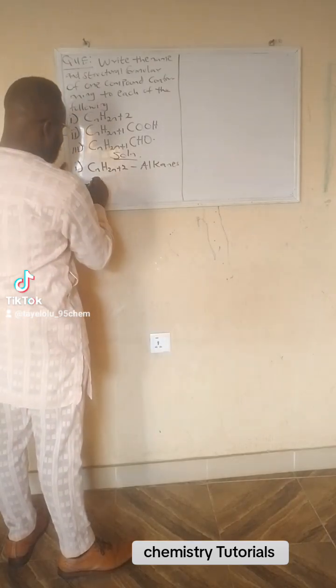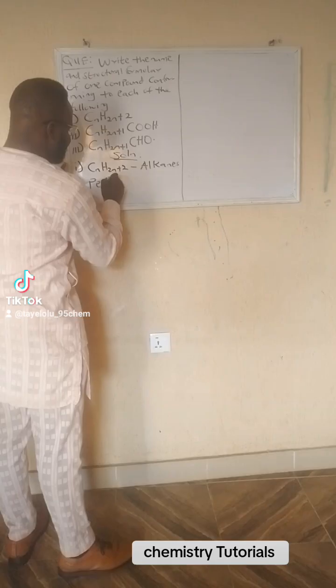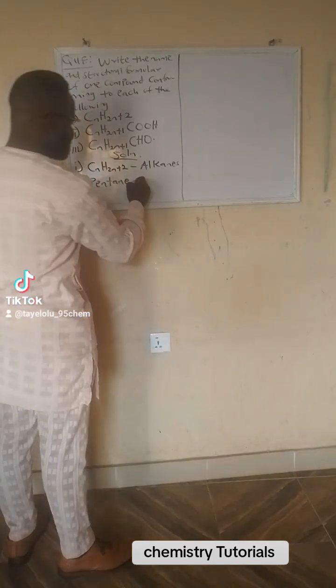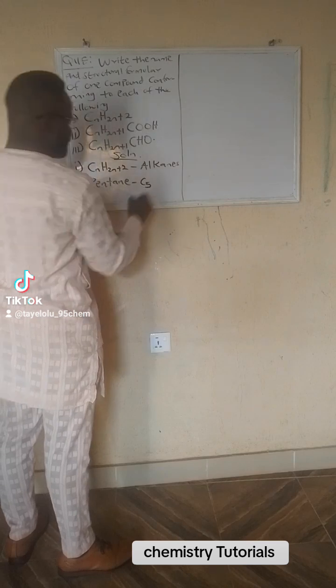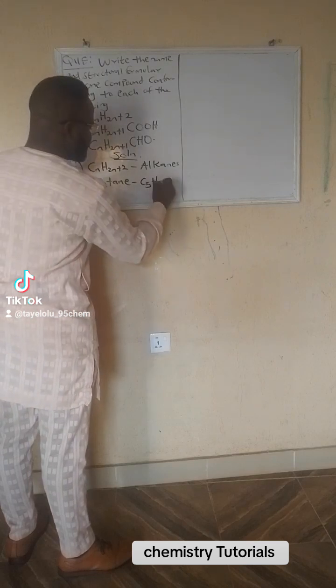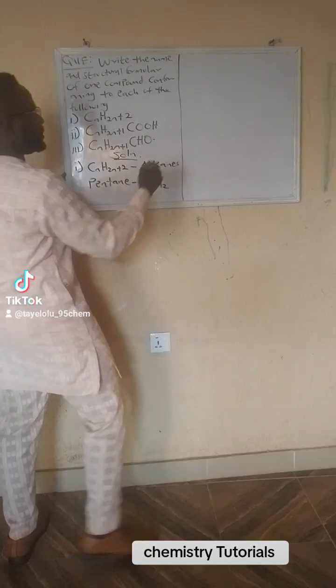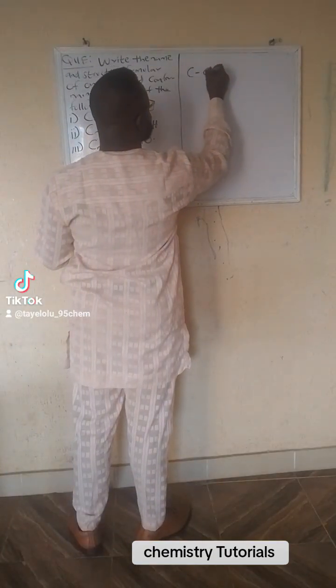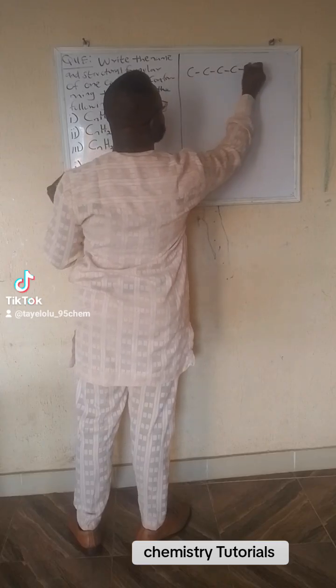So let me pick pentane. Okay, and pentane is what? C5 means it has 5, H12. So what will now be the structural formula? We have 1, 2, 3, 4, 5.